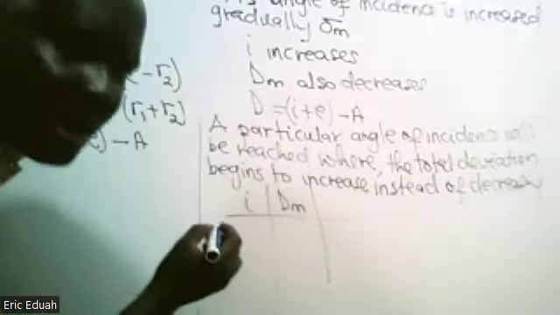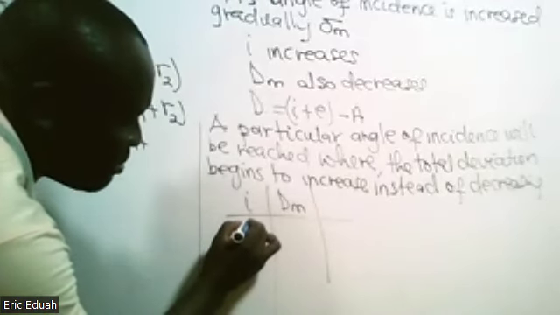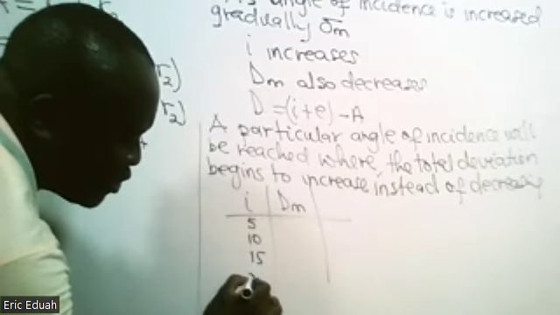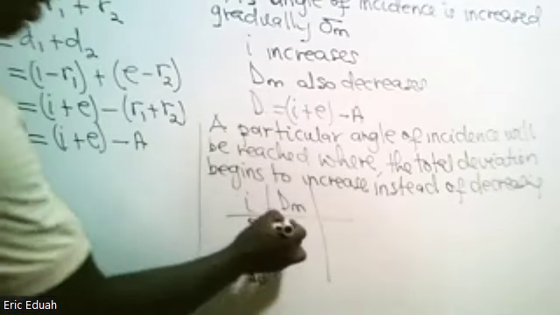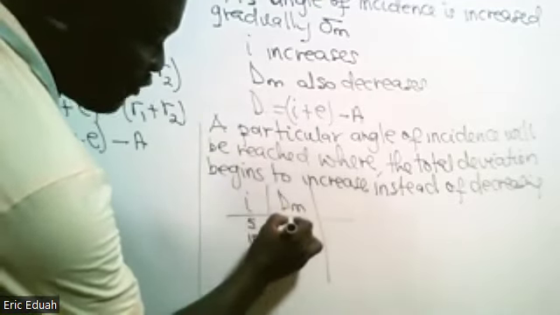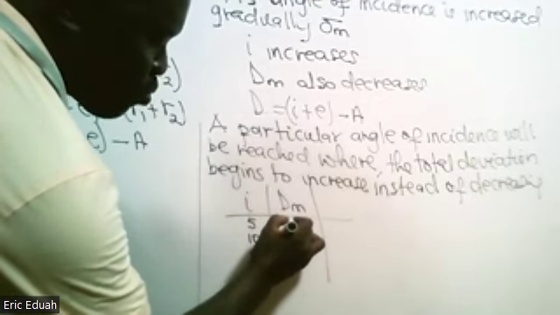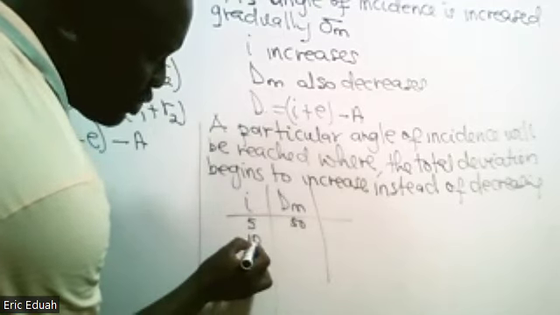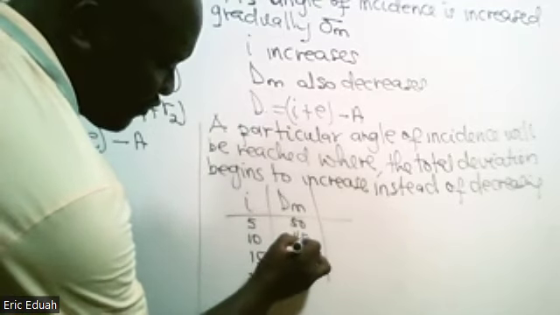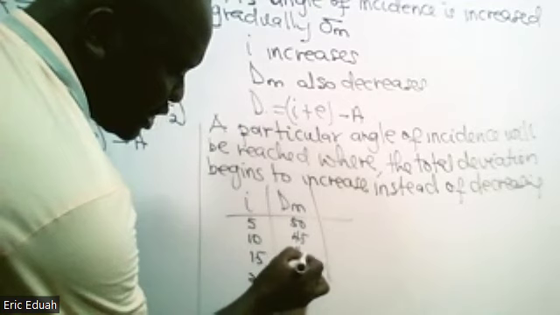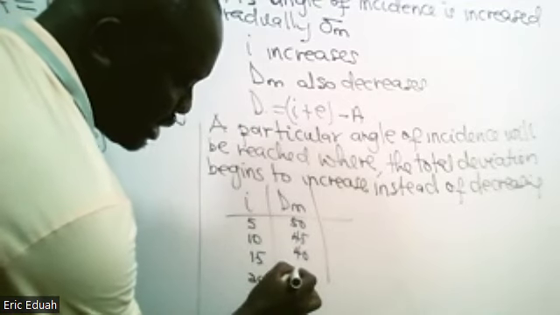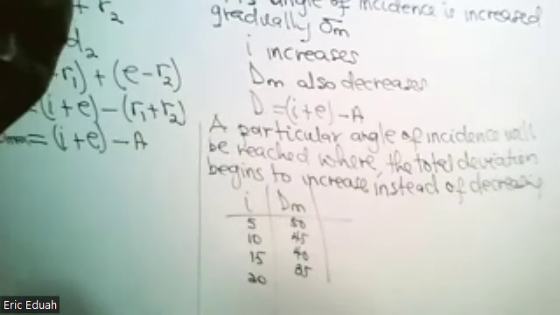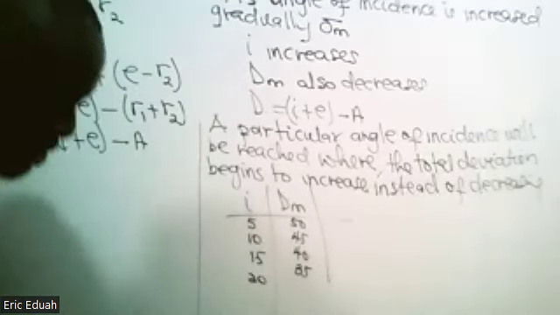As we increase I gradually, maybe from 5, 10, 15, 20, then this also begins from a larger value, maybe 50. Then when I is increased to 10, 45, 15, 40, 20, 35, there will be a particular angle of incidence.